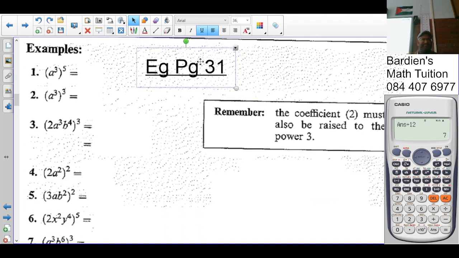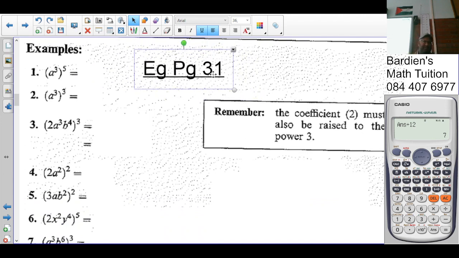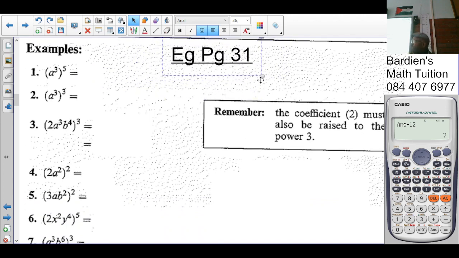So do the first one quickly. In number 1 you've got a cubed raised to the power of 5. Do that one quickly.